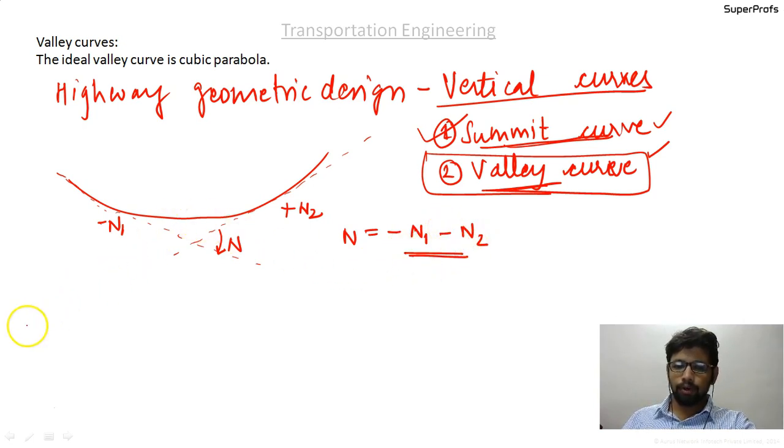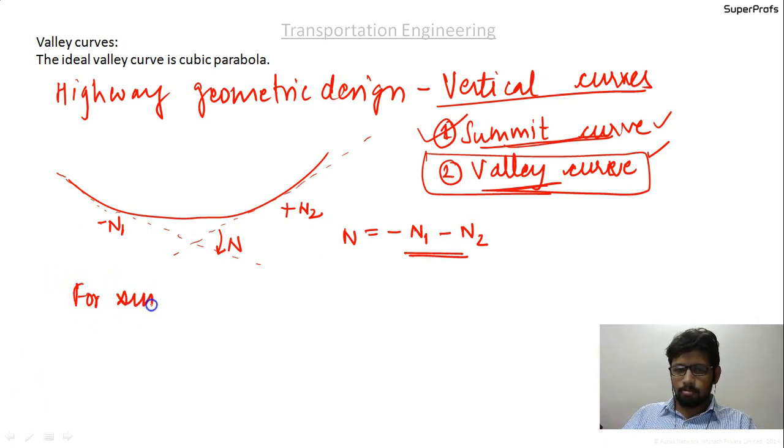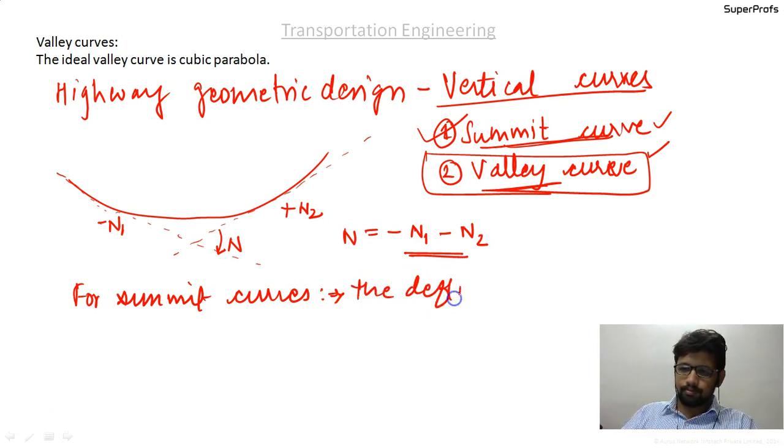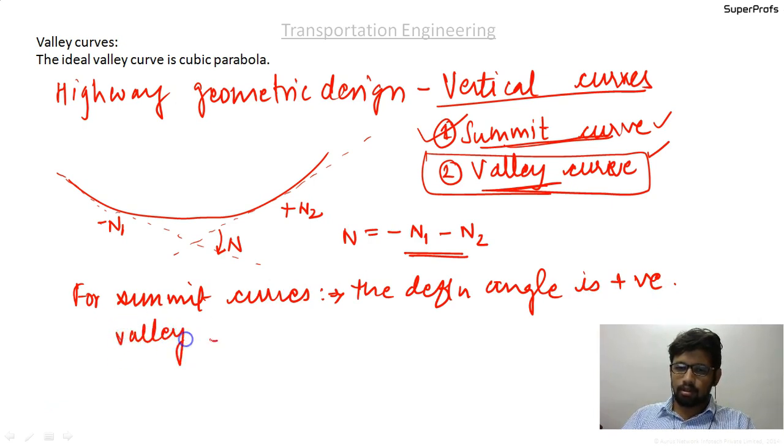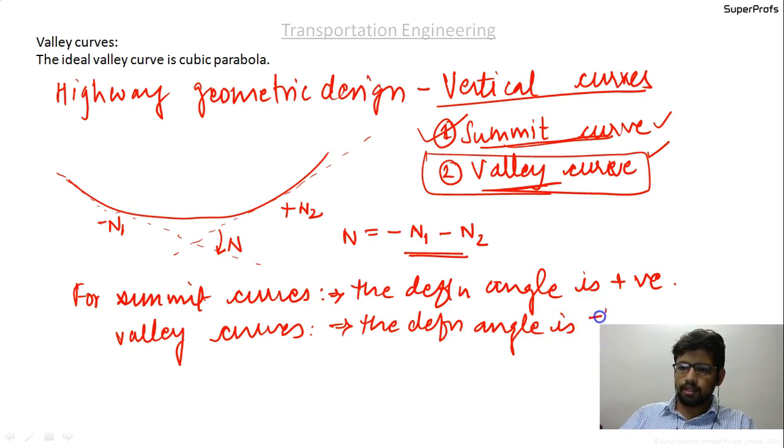So we should note the point over here that for summit curves, the deflection angle is positive, and for valley curves, the deflection angle is negative.